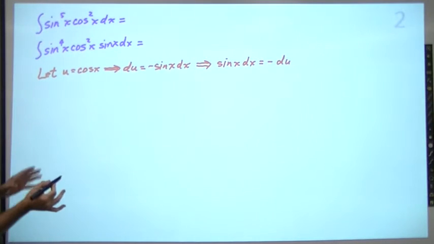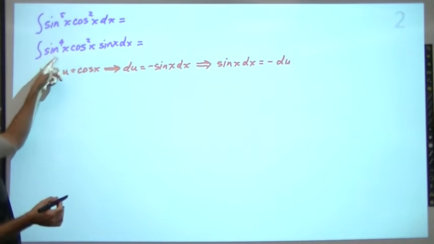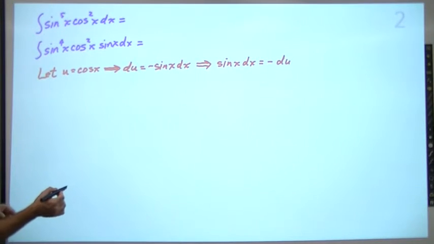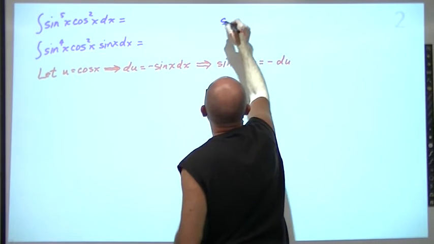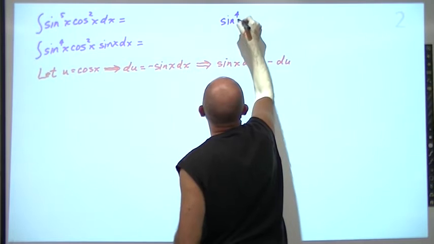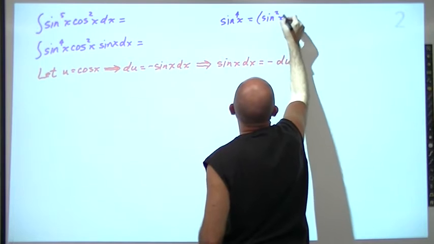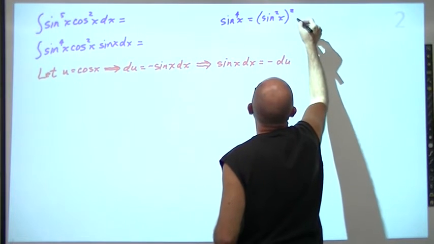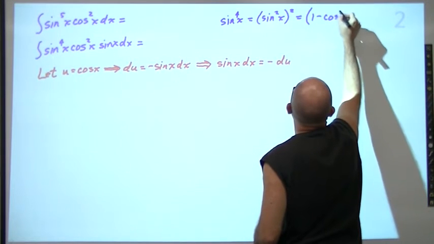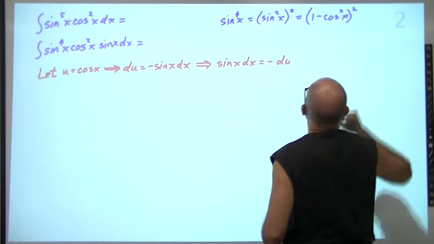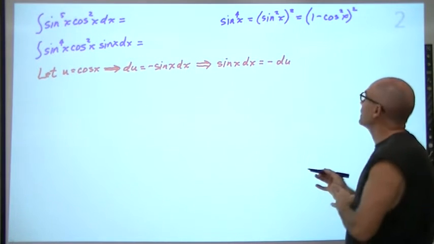Oh, not quite. If I'm going to let u equal cosine x, then I need this sine to the fourth to be in terms of cosine x. So that means sine to the fourth x equals sine squared x squared, which equals 1 minus cosine squared x, squared. Because remember, sine squared is 1 minus cosine squared, and cosine squared is 1 minus sine squared.